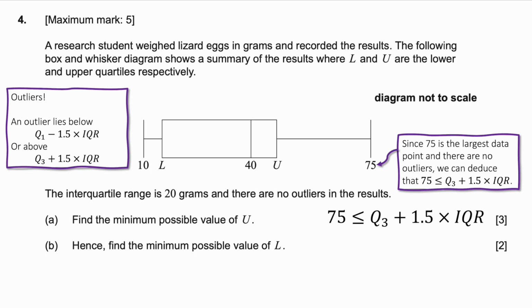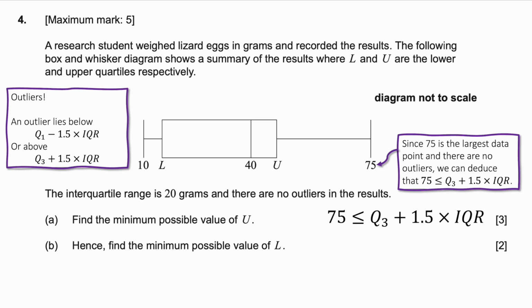So 75 must be less than or equal to Q3 plus 1.5 times the interquartile range. So I'll just repeat that. 75 is below the threshold to be an outlier because it says there are no outliers. So 75 is less than or equal to Q3 plus 1.5 times the interquartile range.